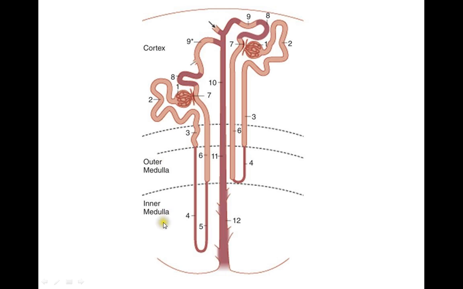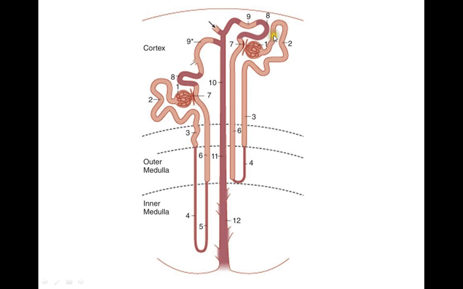Here is medulla and here is cortex. Medulla by itself is divided into an outer medulla and inner medulla. And here is papilla. It is the apex of pyramid, about which I have discussed in session 1.